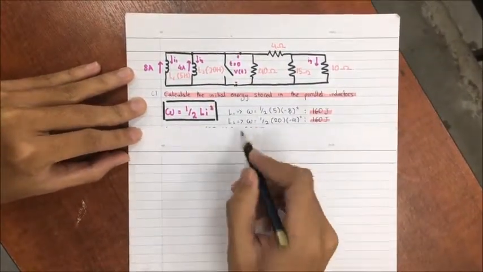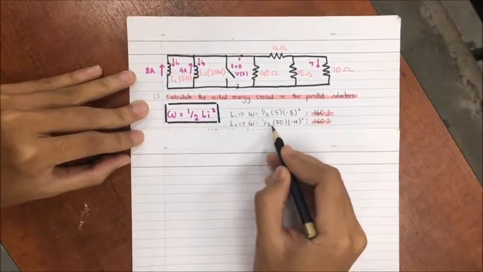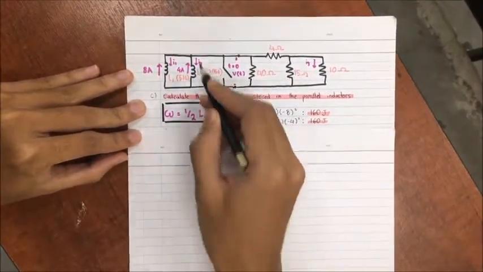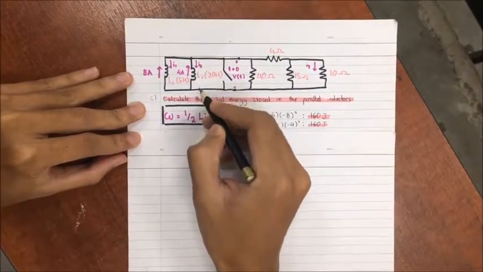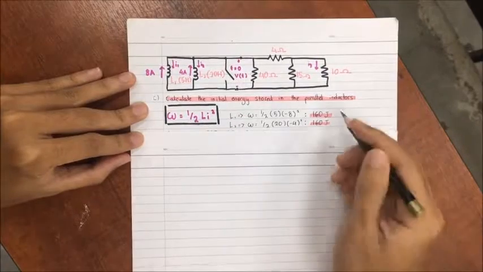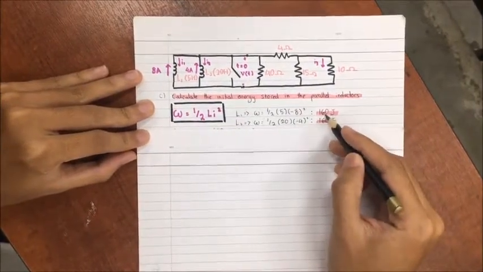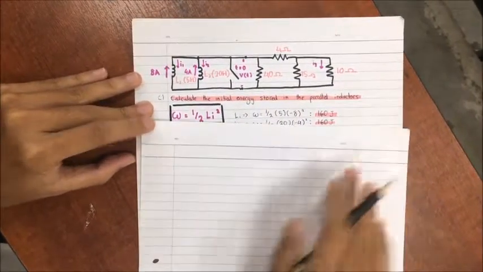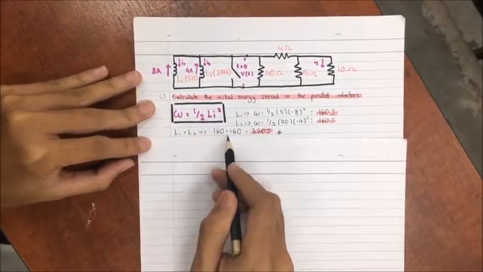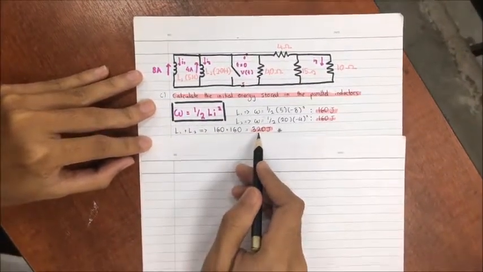The same goes for L2: W is half times 20 Henry, and negative 4 ampere because I2 is traveling in the opposite direction to the inductor. For both inductors, we got 160 joules, and we total up L1 plus L2, 160 plus 160 equals 320 joules.